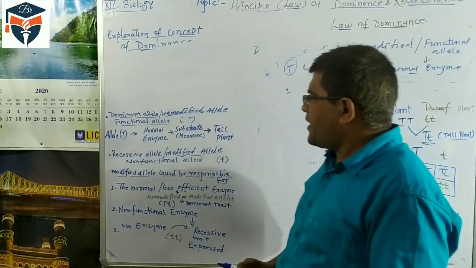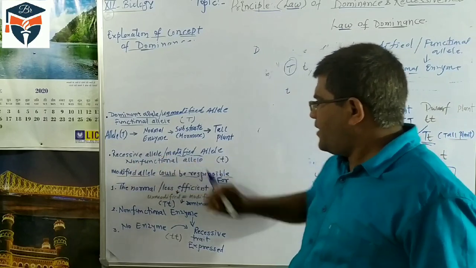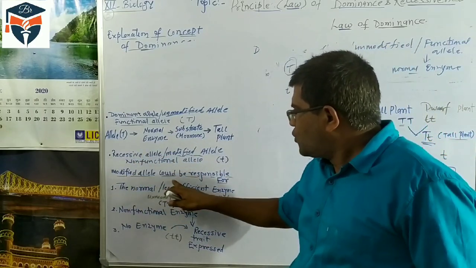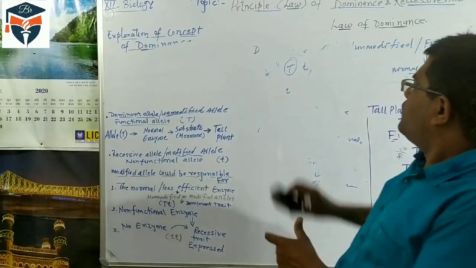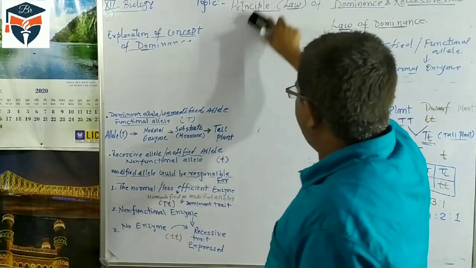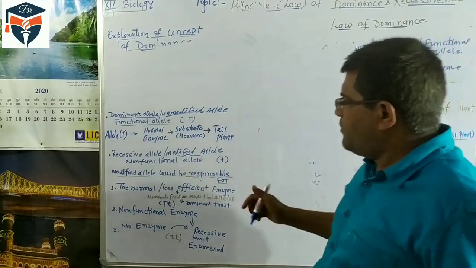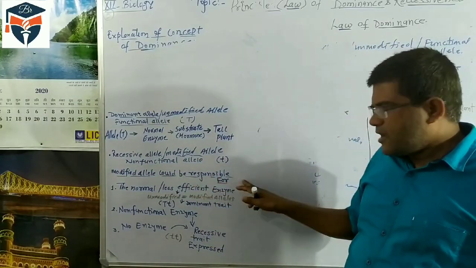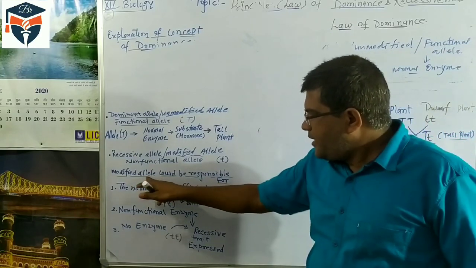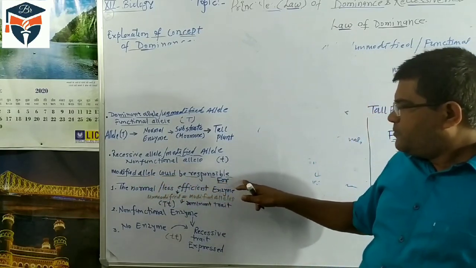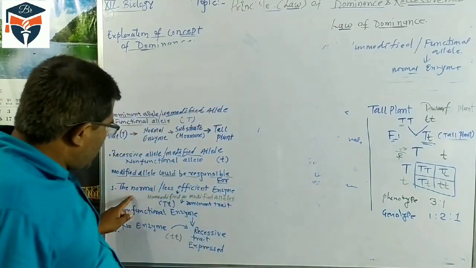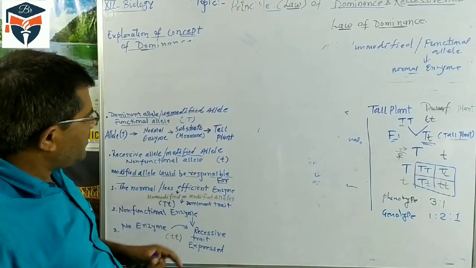In such cases, what happens if there is a recessive allele? Modified alleles or recessive alleles could be responsible for three types of production. Number one, normal or less efficient enzyme.